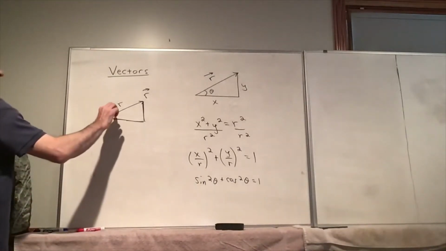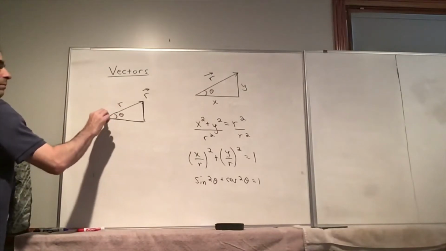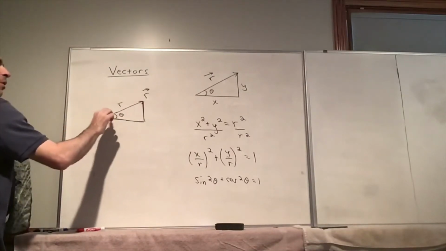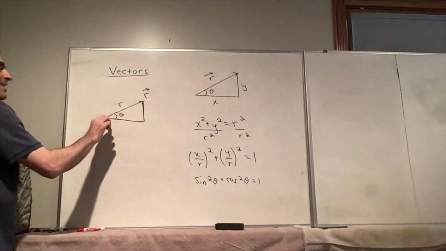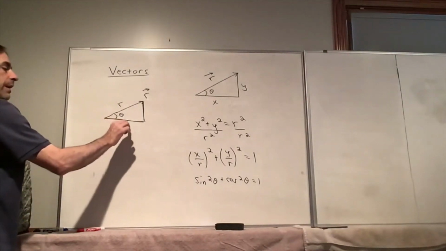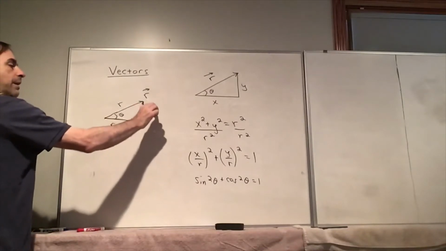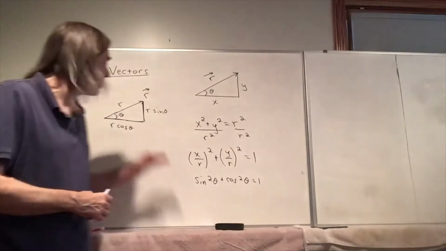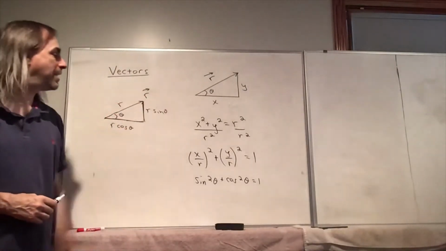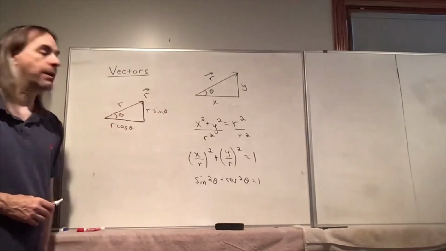And if this vector r makes an angle theta with the x-axis, then we can say this side is r cosine theta, and this side is r sine theta. So cosine is the one adjacent to the angle, and sine is opposite the angle.